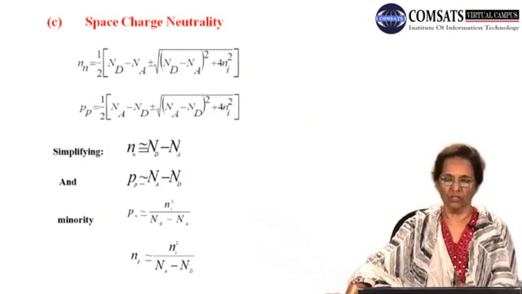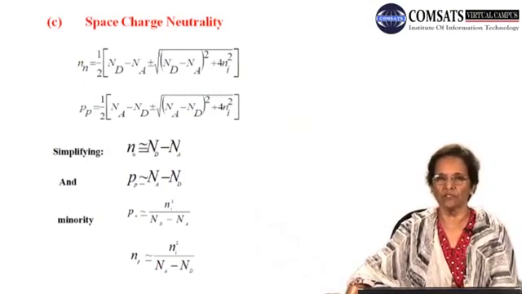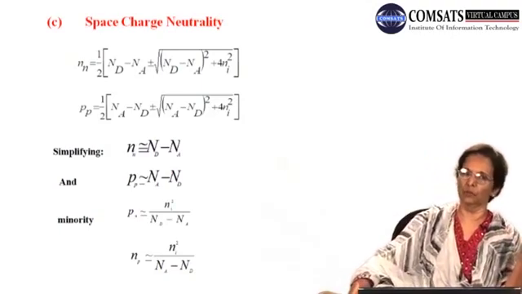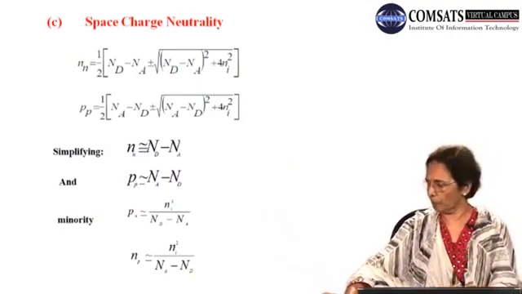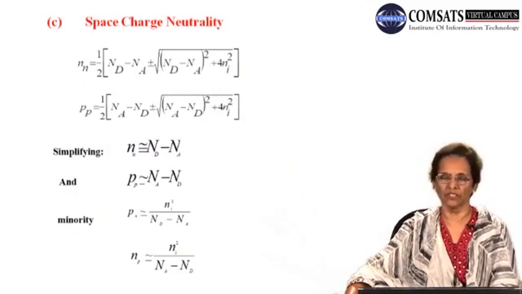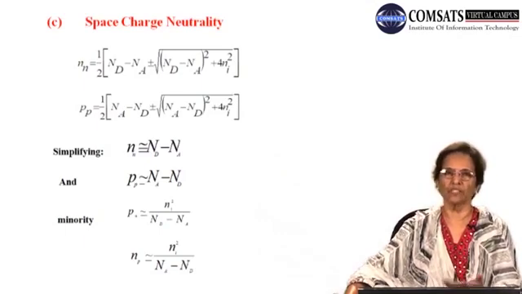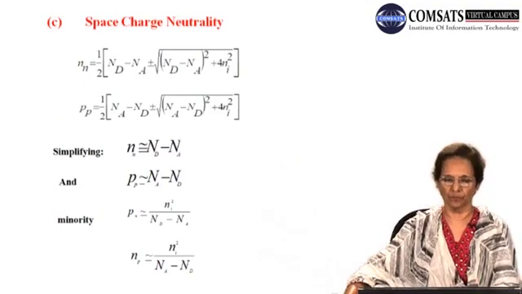These last two relationships, giving you the carrier concentration, are the basis of our carrier concentration that will be used later on when we discuss device operation under equilibrium and non-equilibrium conditions. So we have formed a basic basis of carrier concentration relations.